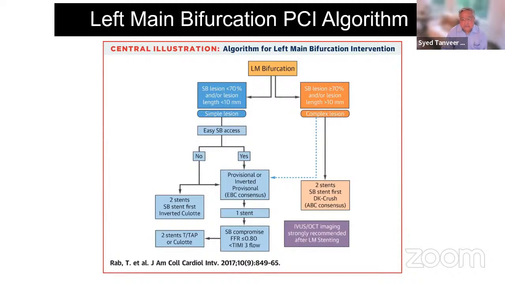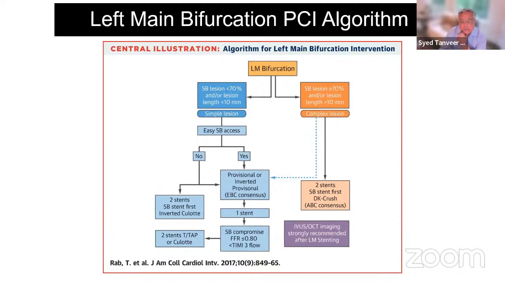So this was the algorithm we created in 2017, again defining simple versus complex. In the complex lesion, mostly initially an Asian approach, but now very much used throughout Europe and the Americas, you preferably go to a 2-stent technique, preferably the DK-Crush, which was the consensus at that time. If it's a simple lesion with easy side branch access, you do a provisional stenting, which occurs in the majority of the cases, or more than 75% of the cases. We generally use a 1-stent technique.